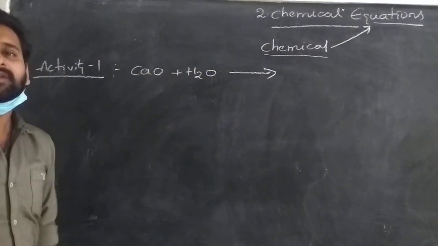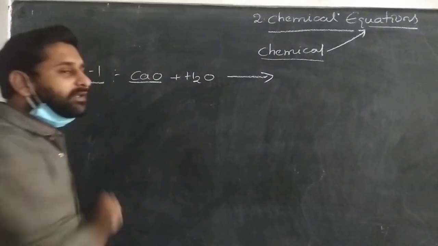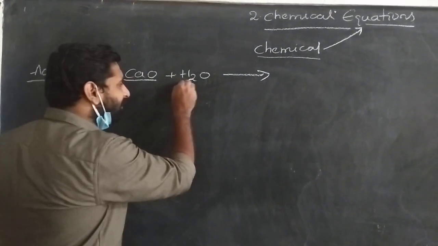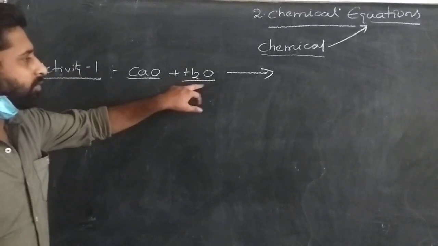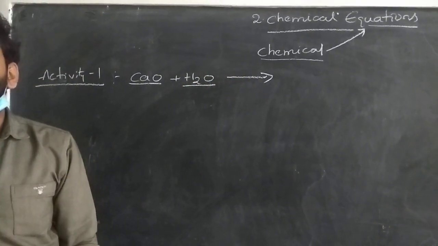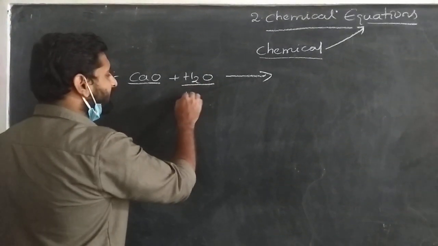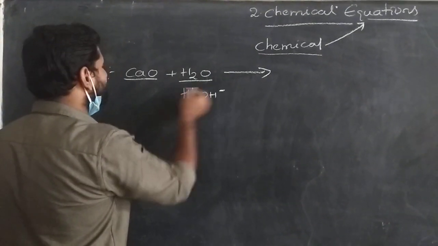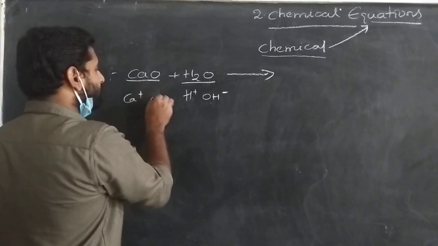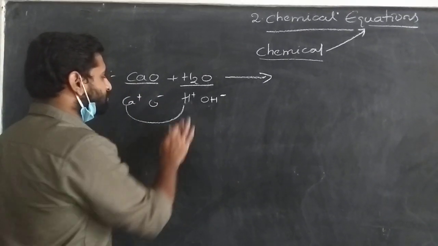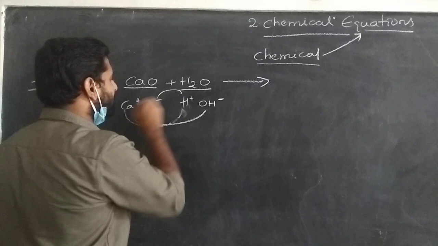That is nothing but an equation. Calcium oxide is a chemical. When calcium oxide is added to some water, what will be the equation that comes? As you already know, H2O can be written as H plus OH minus, and calcium as Ca plus O minus. When we add this chemical, it will form like this.